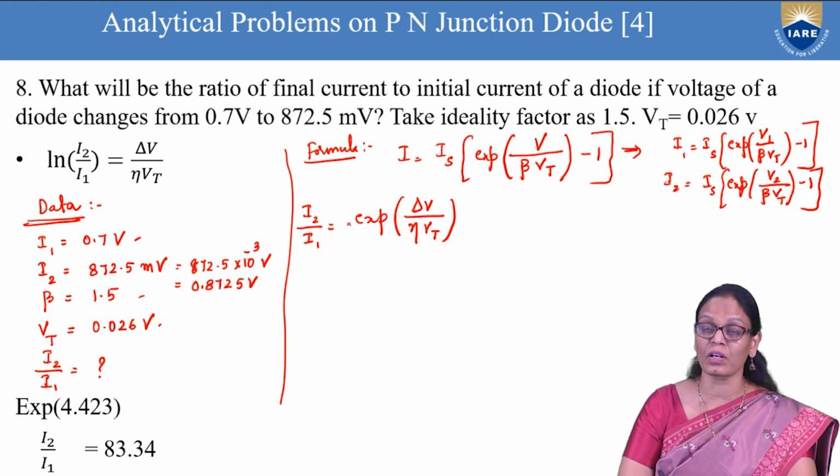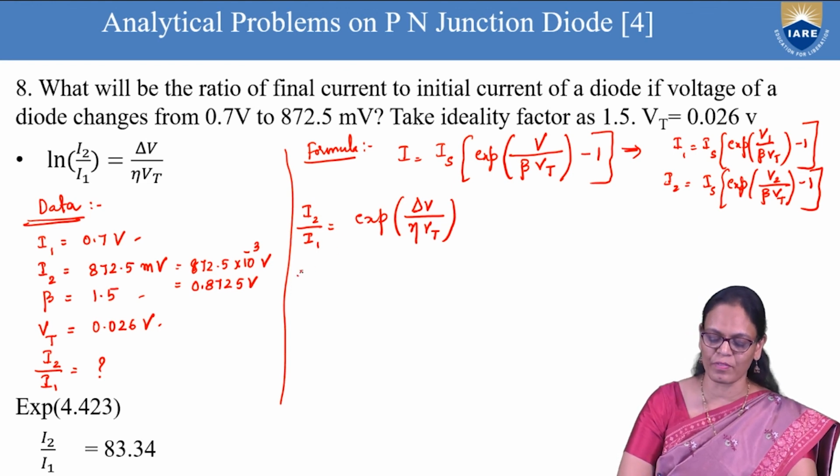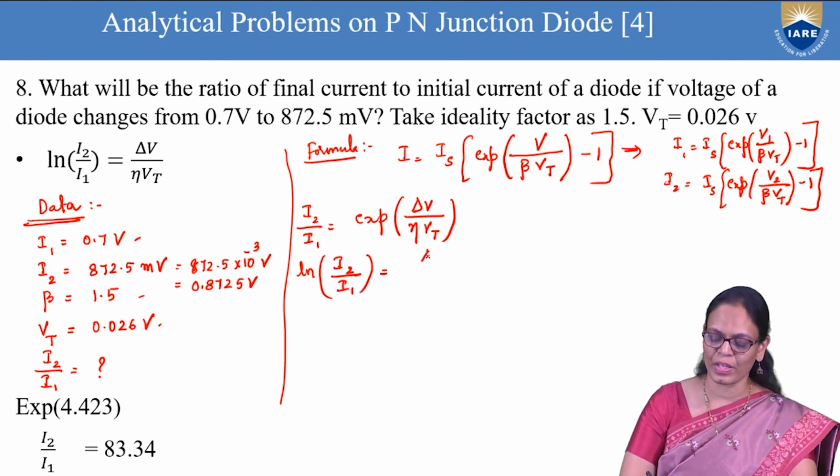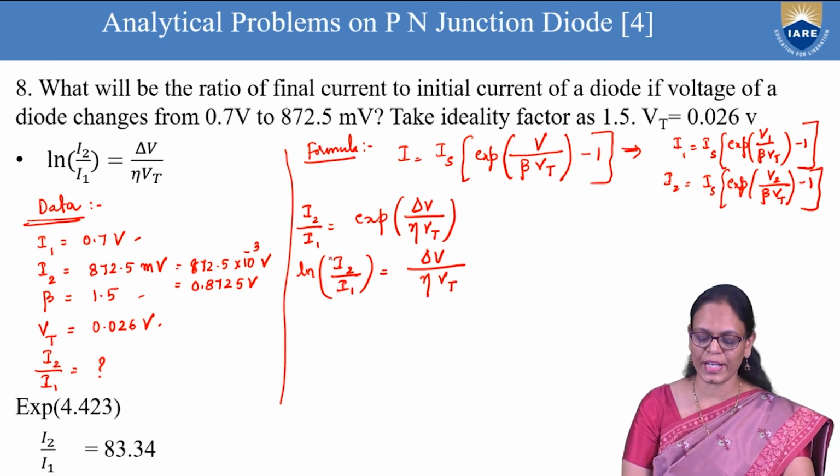I will take logarithm on both the sides. So we have ln I2 by I1 is equal to delta V by eta Vt. So first let us find the value of ln I2 by I1, then we can get the value of I2 by I1.